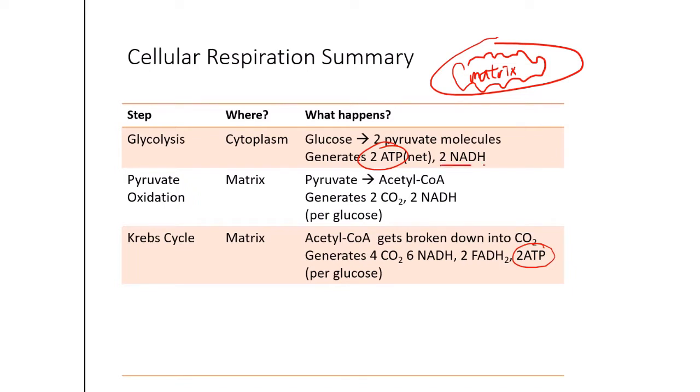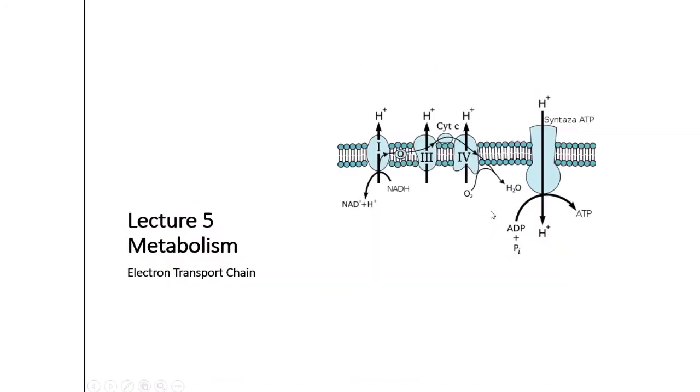So you have these NADH from each of the steps, and then you have some FADH2. These are energy carriers that will take those high energy electrons that were released from glucose breakdown to the final step of cellular respiration, which is called the electron transport chain, or ETC.